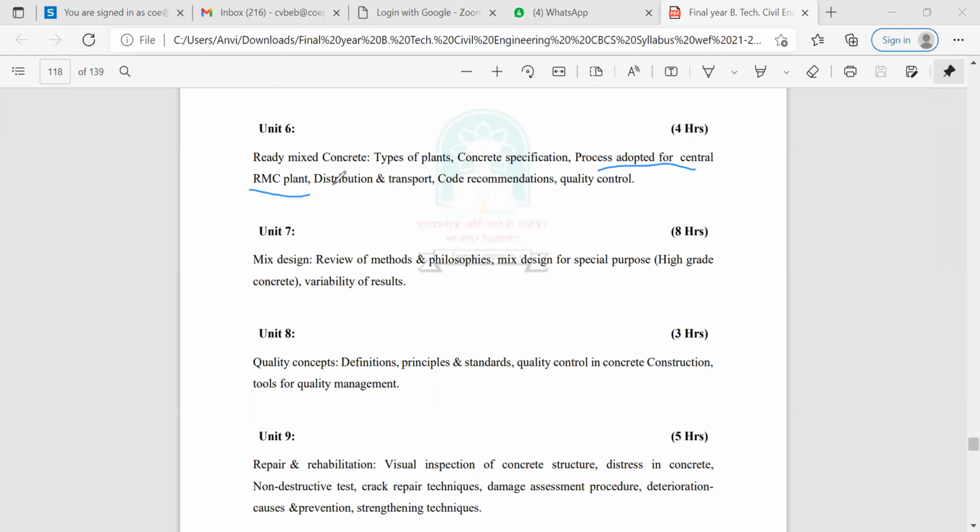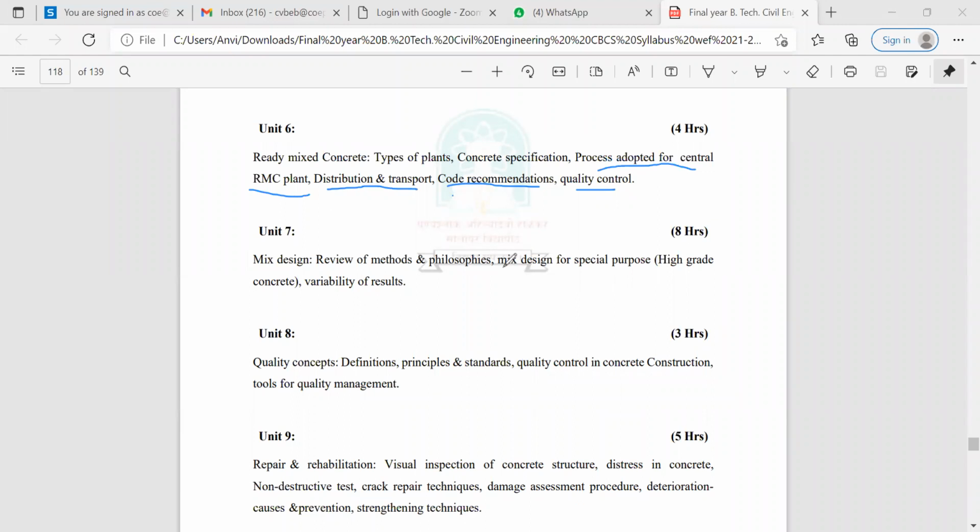Then distribution and transport, code recommendation and quality control. So distribution and transport, as I told you, is by the RMC concrete mixer. Have you seen the RMC concrete mixer, which is placing or distributing the concrete on site?